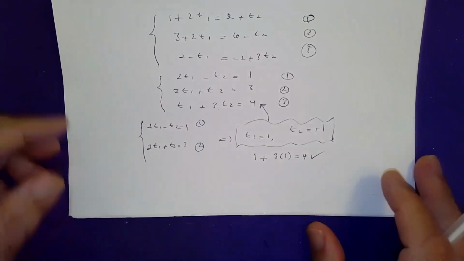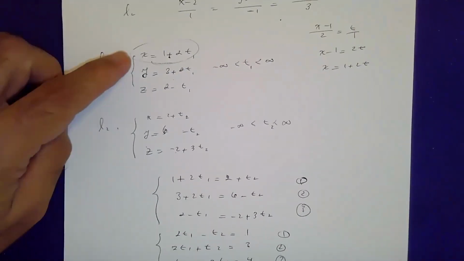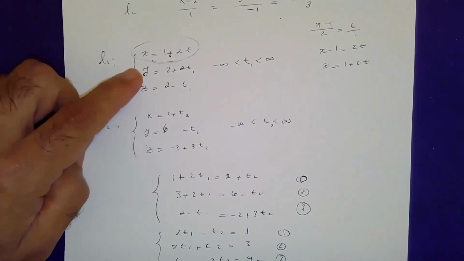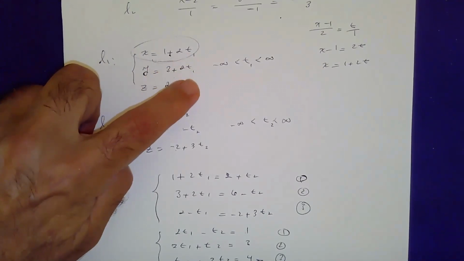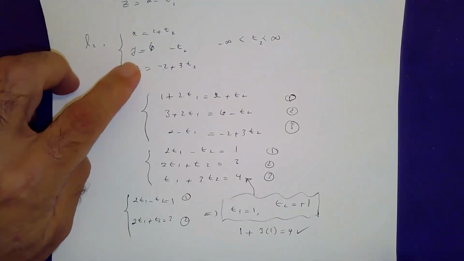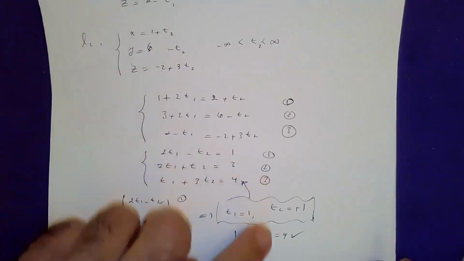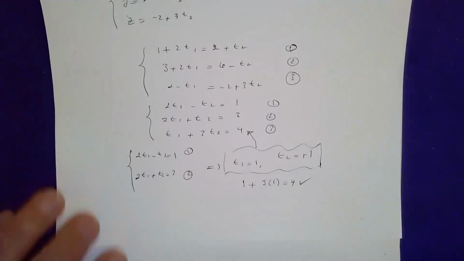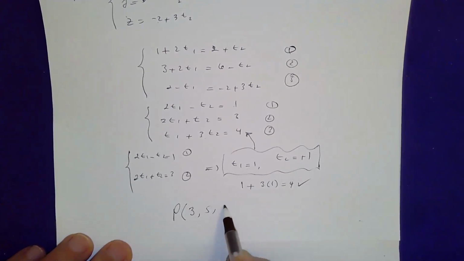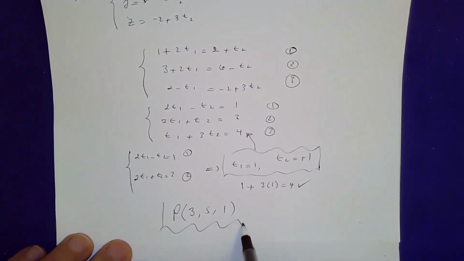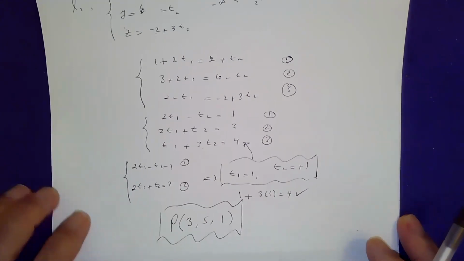All right then, now you can go to either of these parametric equations, either go to equation number 1 and replace the T1 with 1, or go to parametric equation number 2, replace the T2 with 1 as well, and you get your common point. When you do, you get 3, 5, 1, and that's where these two lines intersect.